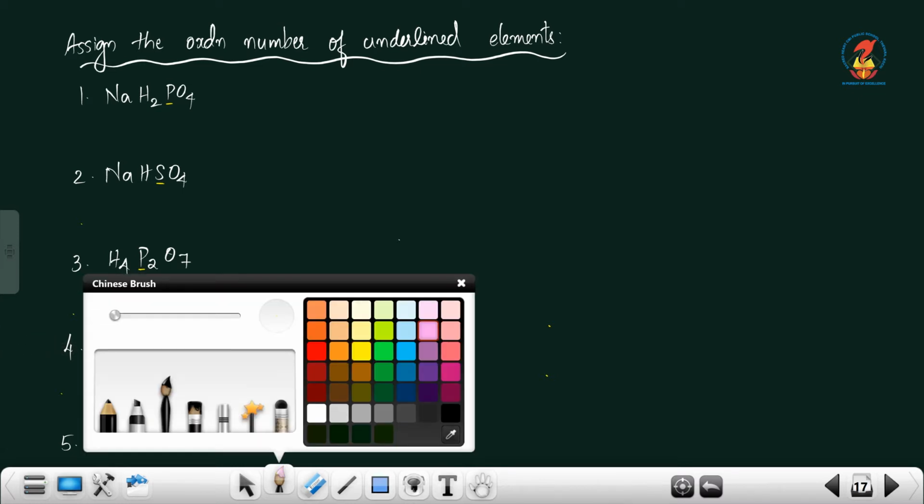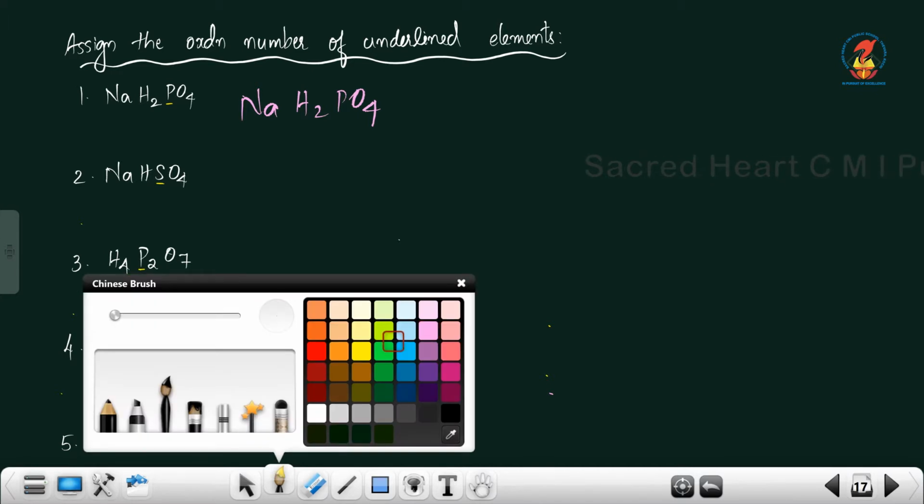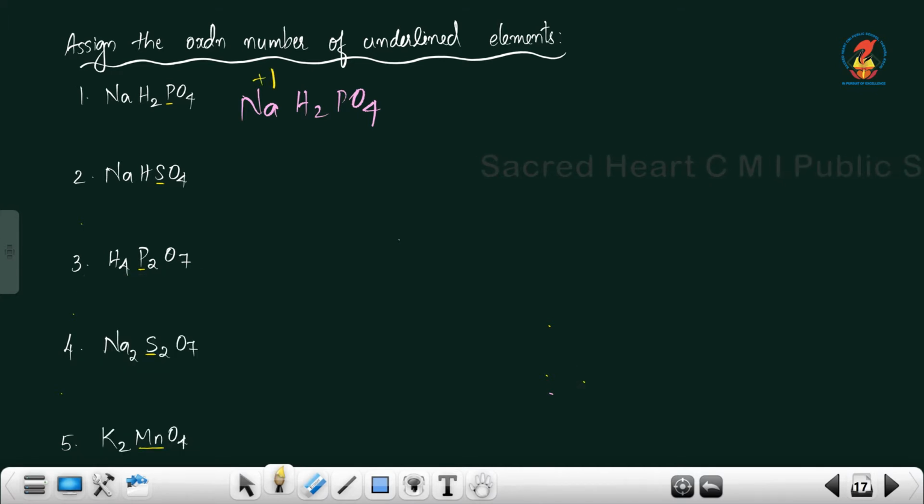So here in NaH2PO4 we know the oxidation state of sodium, it is +1, hydrogen +1, oxygen -2, that also we know. Only thing is we need to find out the oxidation state of phosphorus. So let it be X. How we can find out X from this? The sum should be equal to 0.